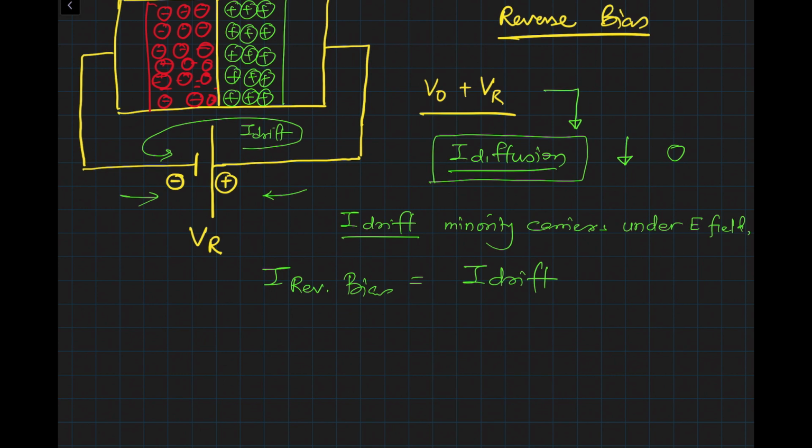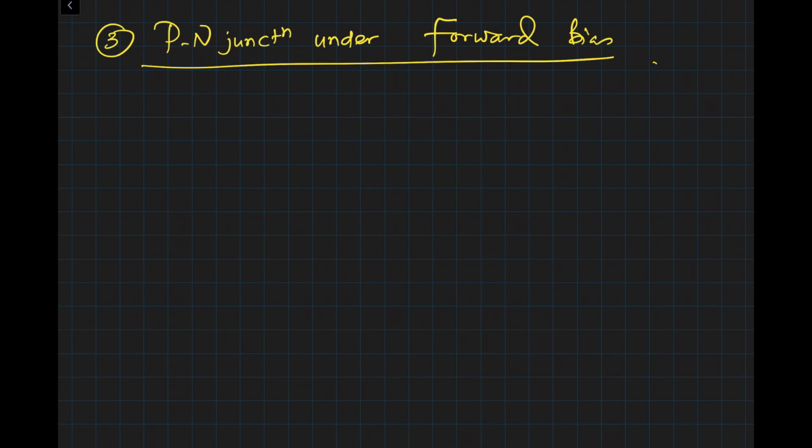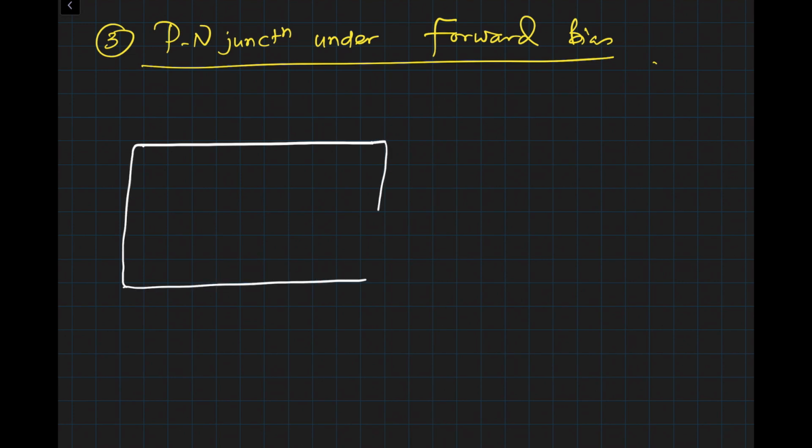Okay, so now we will go to the most interesting use of the diode, which would be PN junction under forward bias. In this particular case, something very interesting happens. So we take the PN junction, and here we are going to connect.